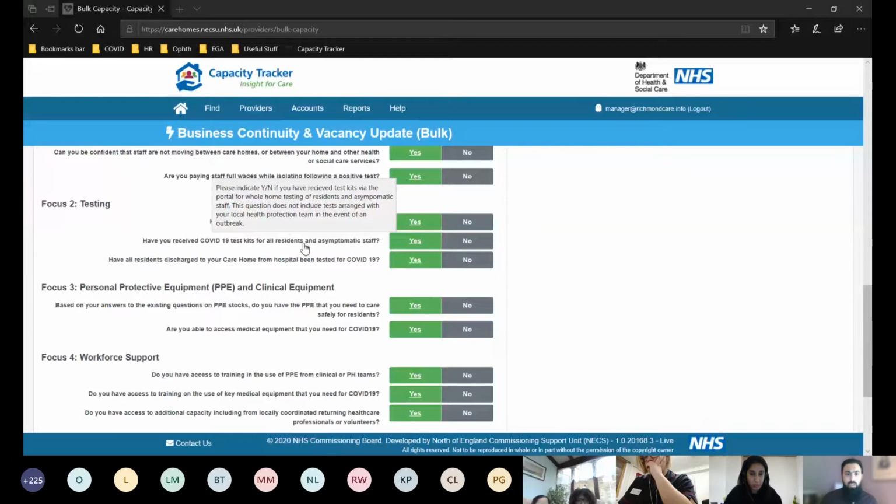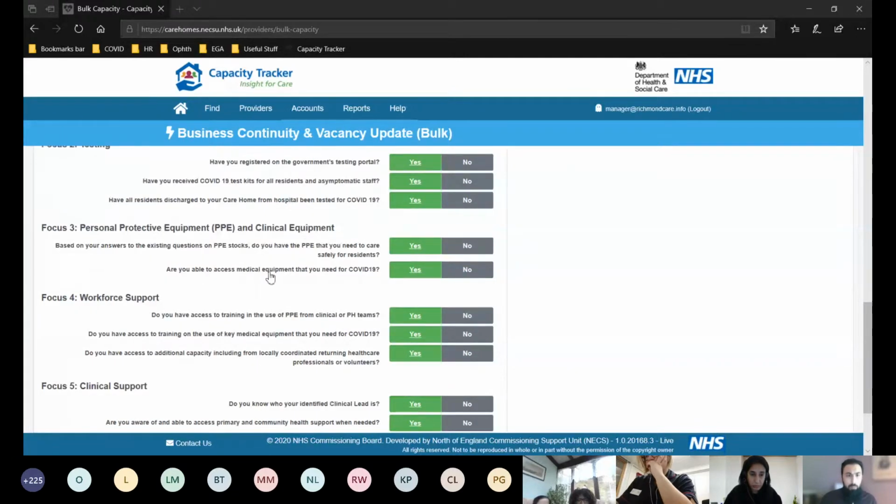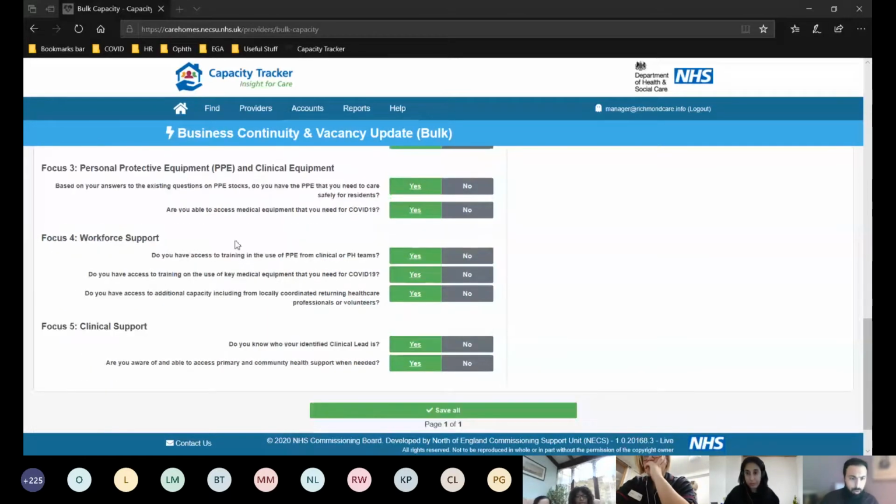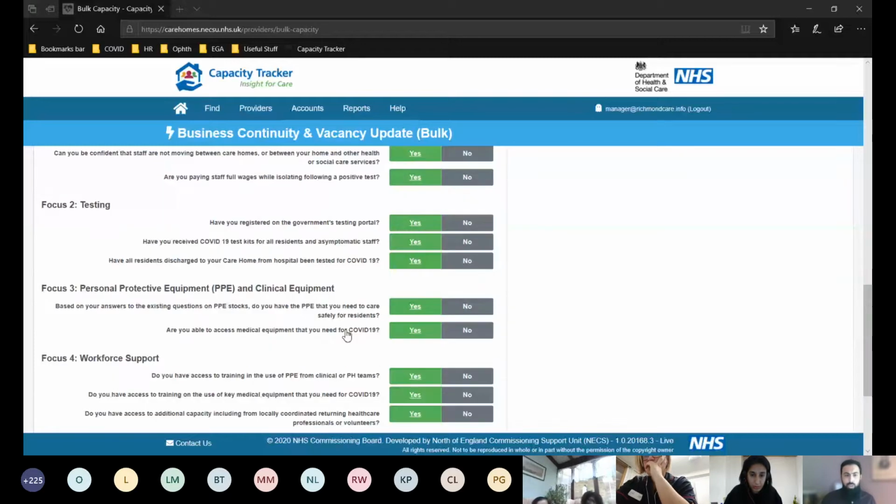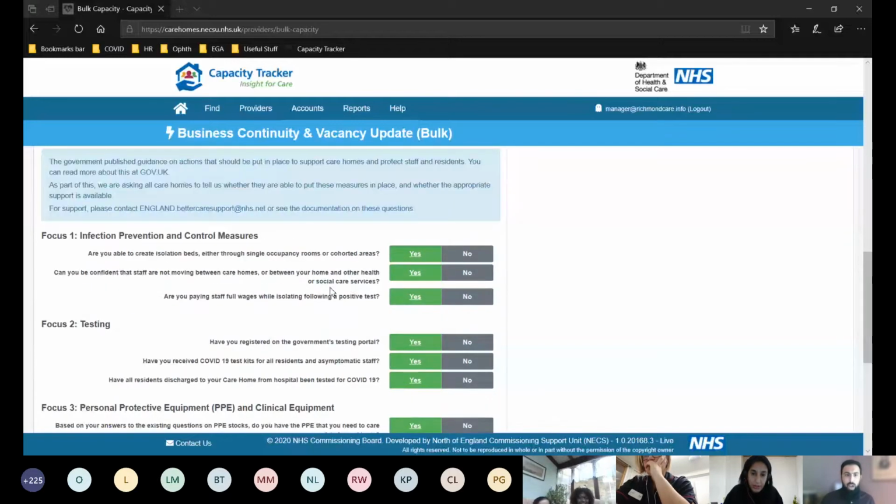And any patients that are discharged. There's a question around PPE, which the new questions further up cover in a bit more detail, and then some around workforce support. Fairly straightforward. If there are any questions, please pop them in the chat.